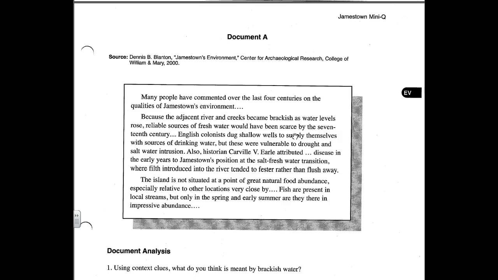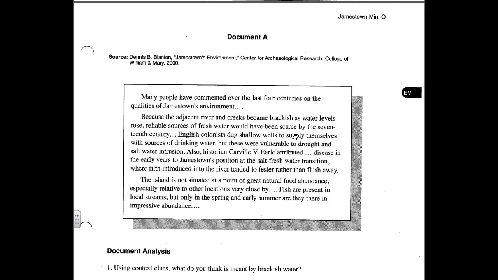Again, key for you to understand here is what the term brackish means in the context of the water at Jamestown. And finally, the best evidence that historians have suggests that most of the deaths in the summer of 1607 were caused by polluted river water rather than famine.